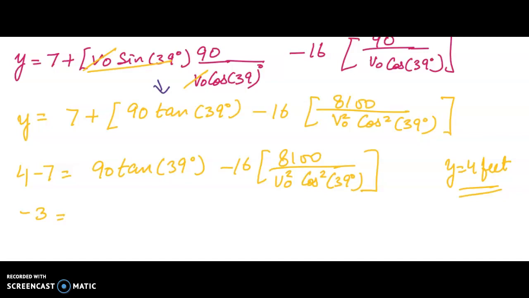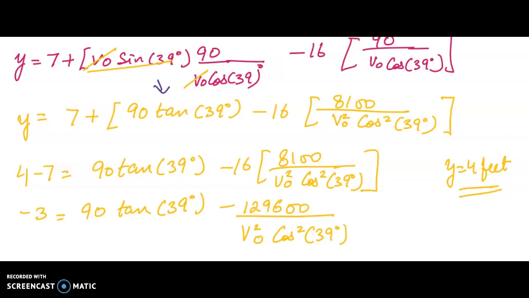I can multiply 16 with 8100, so 90 tangent 39 degrees, and 16 times 8100 should be 129600, over velocity squared cos squared 39 degrees.